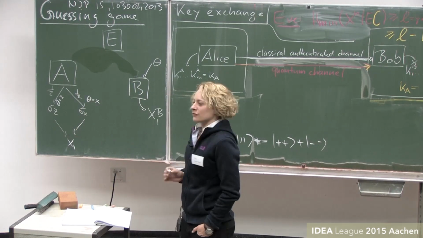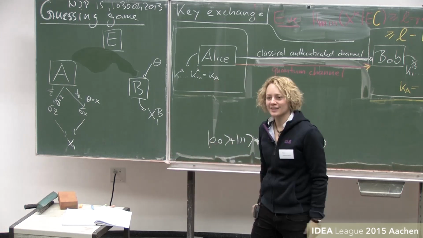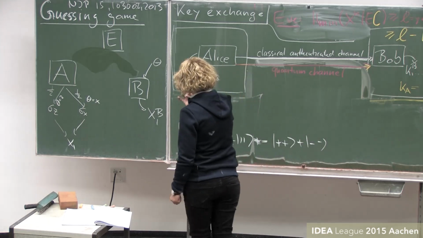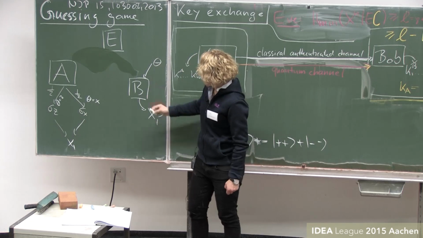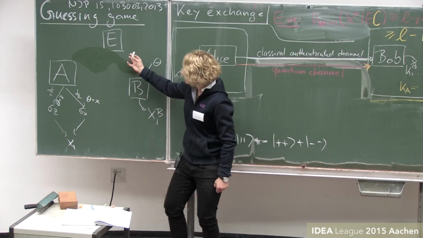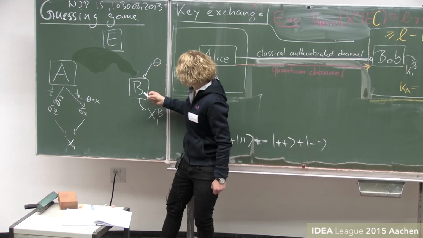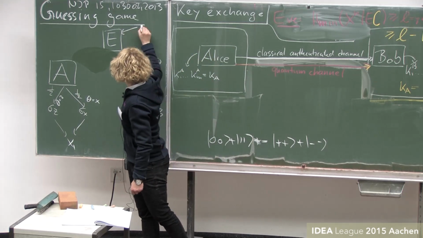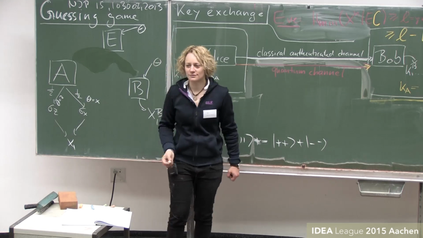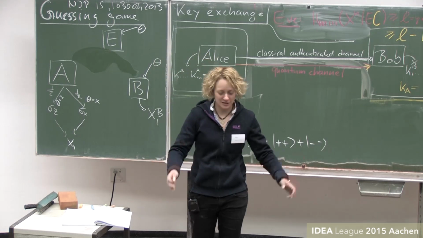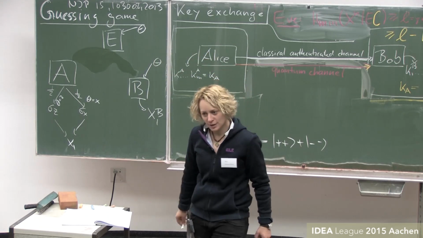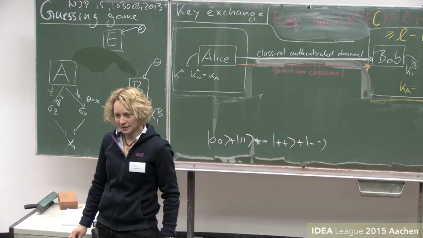Eve has control of Bob. She's going to determine a strategy. They together prepare a state, going to send to Alice. And afterwards, we don't just send theta to Bob, but we send also theta to Eve. So you can imagine that maybe the left half of you is going to be Bob, and the right half of you is going to be Eve.